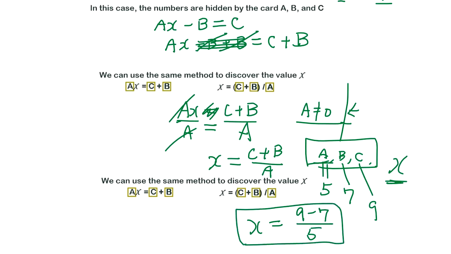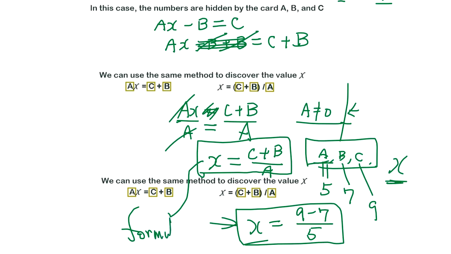That's the unknown value. How's that? I made the formula to calculate x. As soon as I get the constants a, b, c, I have the value x figured out easily using this formula.